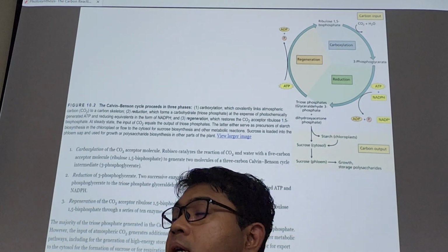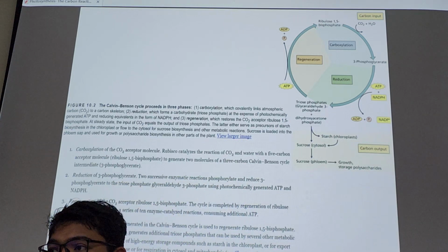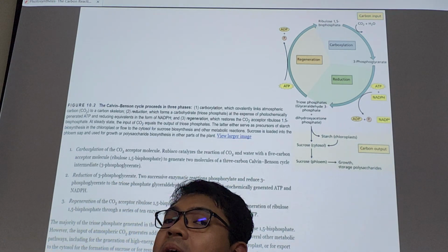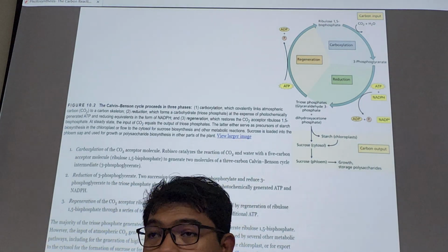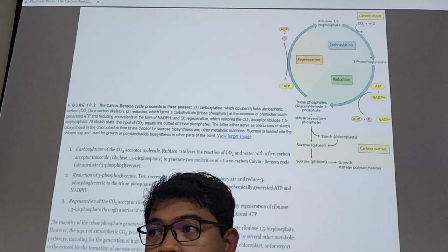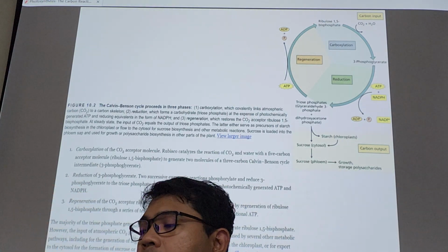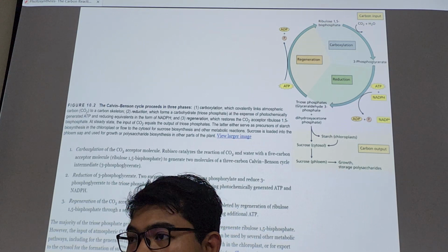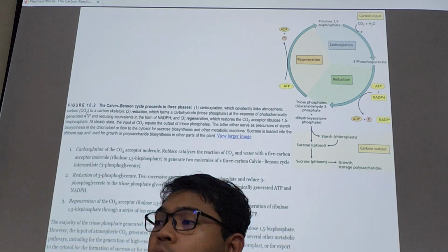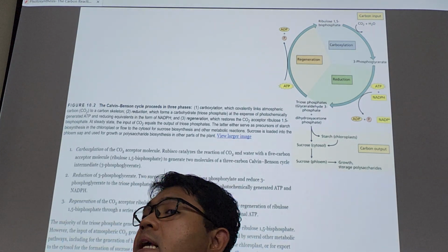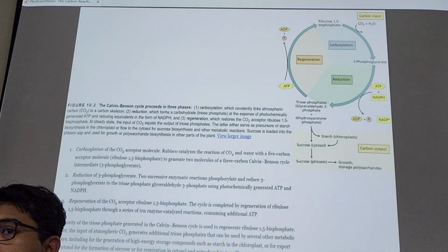Some needs to be transported into the baby leaves. So if the plant decides some of the sugar needs to be transported away, it is not going to be changed into starch, but changed into sucrose. So sucrose is the transport molecule.